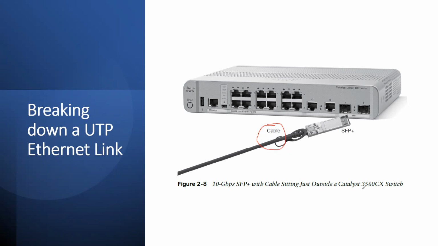But they do use different connectors, because they're transmitting light. So they use the SFP, and for this, it's SFP plus. And again, it looks different than the RJ45. Here is the SFP port. The transceiver goes in there and you plug it in. Again, we'll touch on it later.